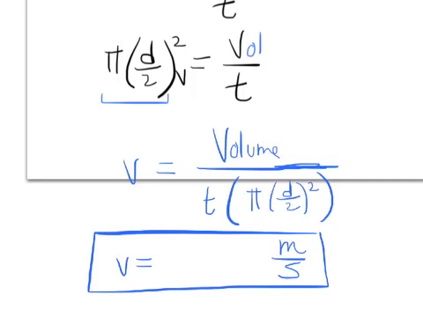Molly, I got 3.07. Did anybody get 3.07? If you did it that way, it would be 3.07. 3.069.